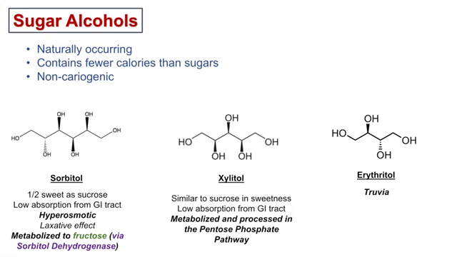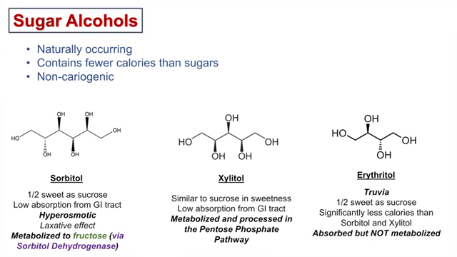Erythritol, its trade name is Truvia, and it's about half as sweet as sucrose, and it has significantly fewer calories than sorbitol and xylitol, and the reason is because it is absorbed but does not become metabolized. So this is a big reason why it doesn't contribute as many calories.